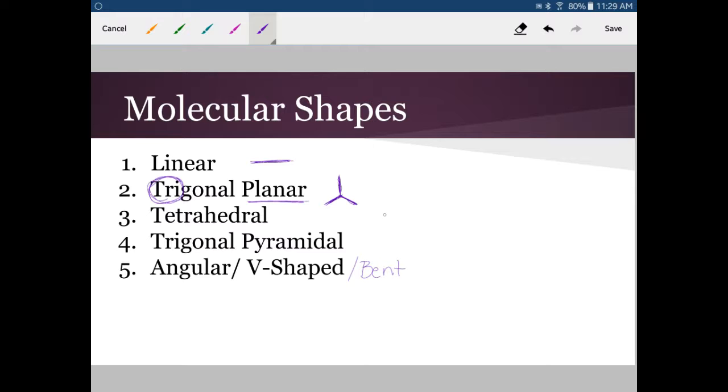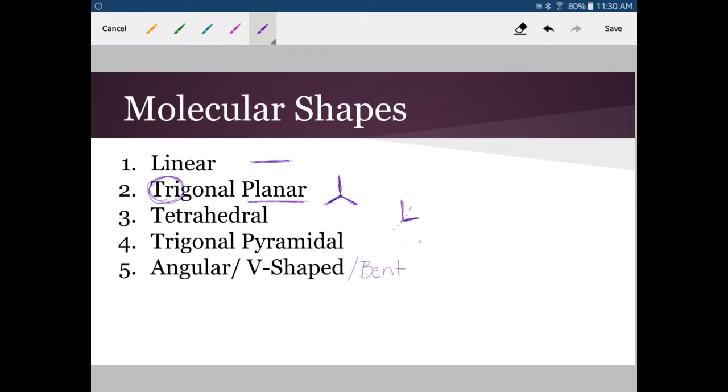Tetrahedral is 4, tetra meaning 4, but we have some of these coming at you. Tetrahedral would be 4, and we have a Y and an X, and then we also have this Z component in there. So we have an X and a Y and a Z.